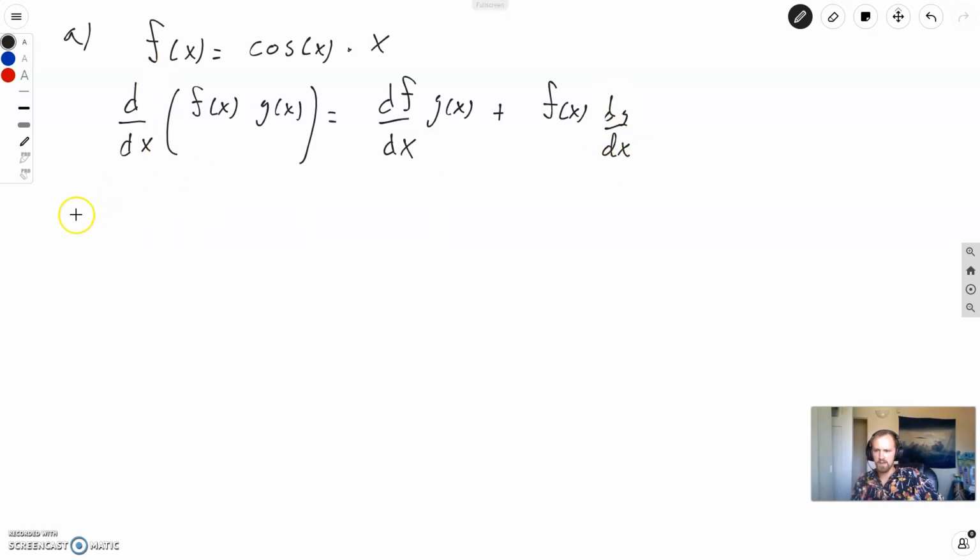So when I do d by dx of cosine of x times x, the derivative of cosine of x is negative sine of x. Leave the other one alone. Derivative of x is 1. So then I have plus cosine of x. And that'll be your derivative for that one.